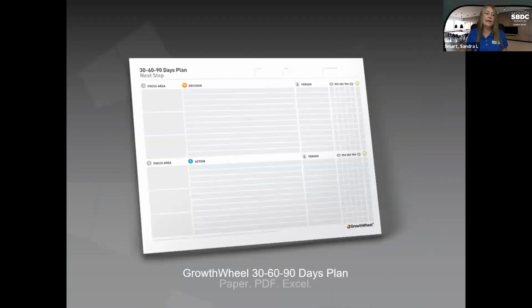And with that, Growth Wheel provides 30, 60, 90-day plans where you can list the focus areas, the decisions that you have made, and then the actions that need to be taken associated with those decisions. Have a time frame on it, have a person that's responsible for it or accountable for it, so you can help move the business forward.